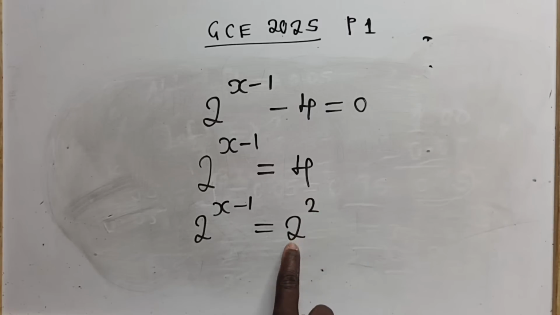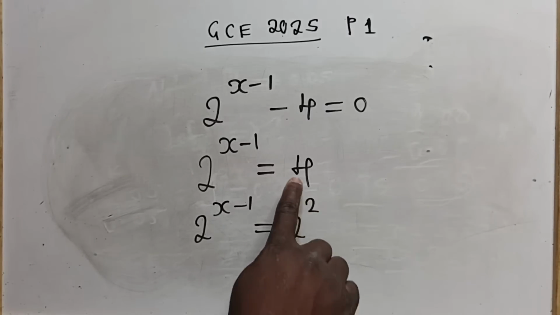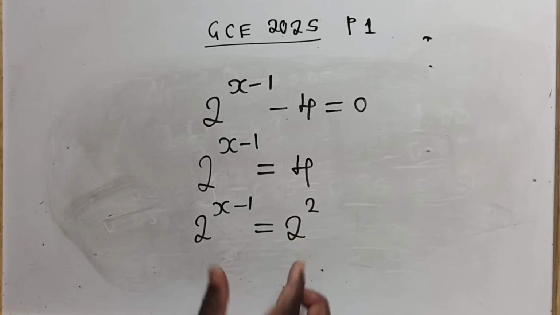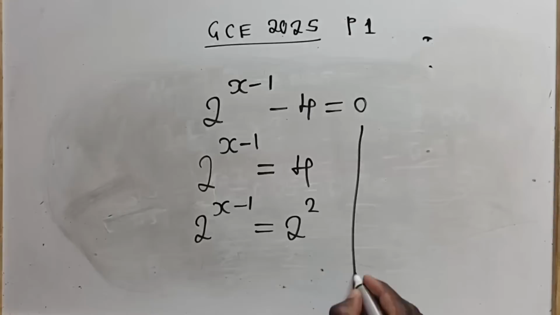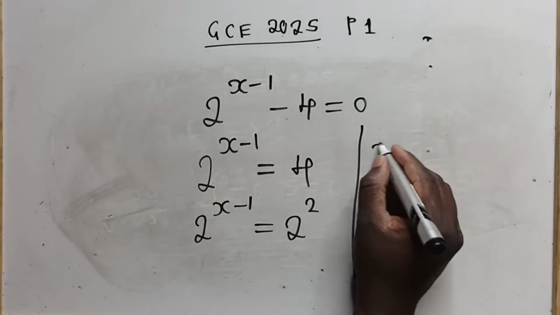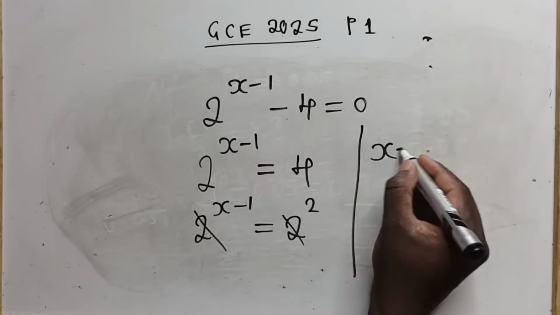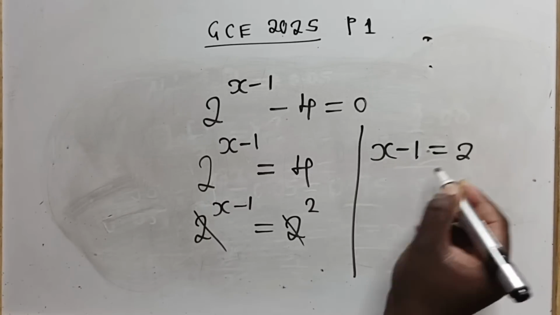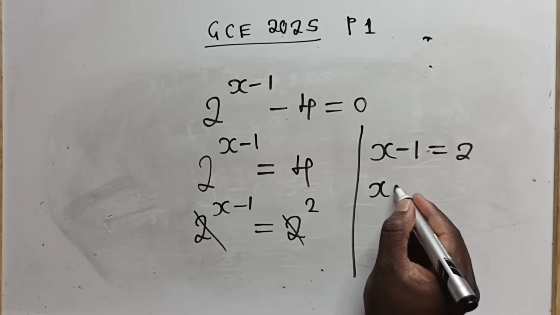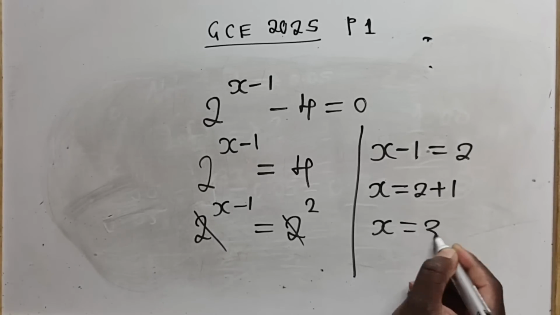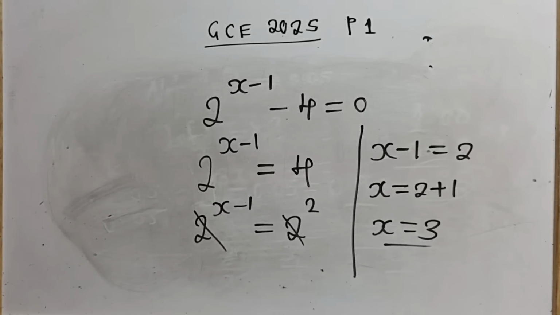So we write this 4 as 2 power 2, so that the bases can be equal to each other. Since the bases are equal, we cancel them, get the powers and equate them. So x minus 1 is equal to 2, so x is equal to 2 plus 1, x is equal to 3. So that's it for question 9B.